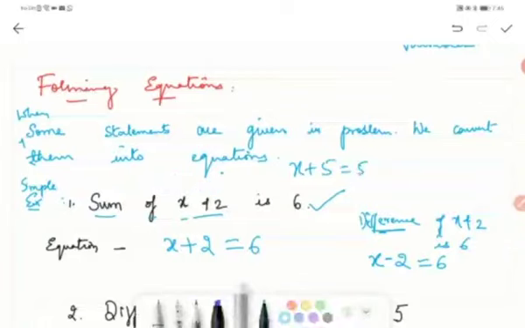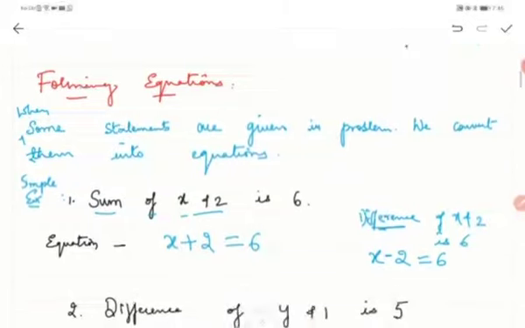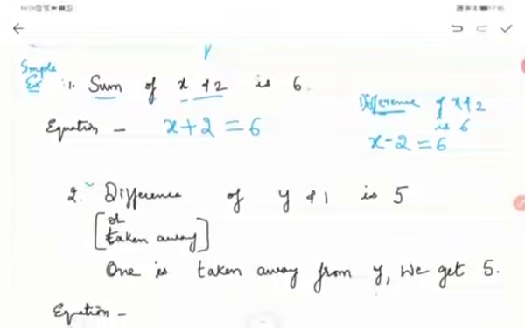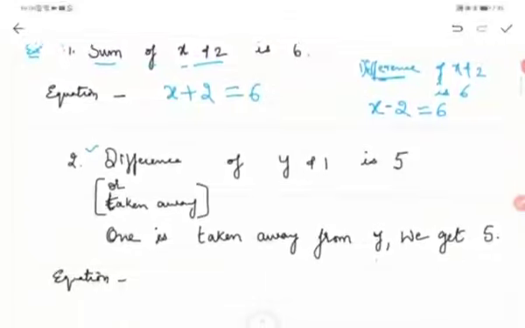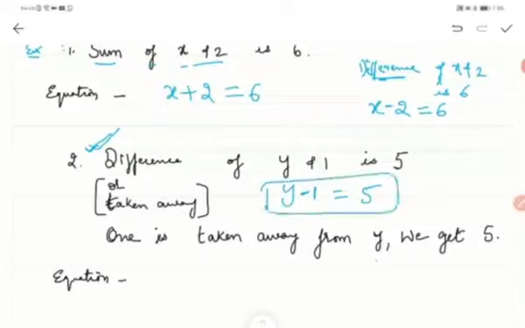Let's see one by one, okay? I have taken this statement: difference of y and 1 is 5. What is it saying? Difference, that is y minus 1 is 5, okay? The statement you have converted into an equation, isn't it?